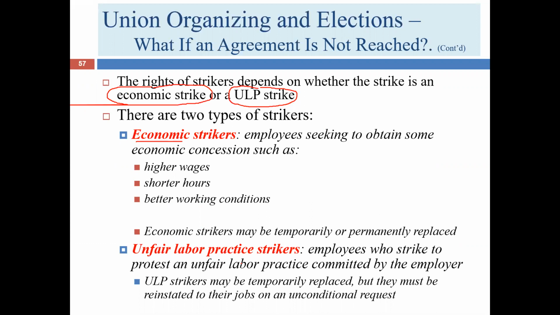And so, then it's going to turn on, well, what was the predominant aspect? The union is going to argue that it was a ULP strike more than anything else because the strikers are in a better position in that situation. The employers are likely to argue that it's an economic strike. This is an area where the union is in a better position to kind of shape the facts.